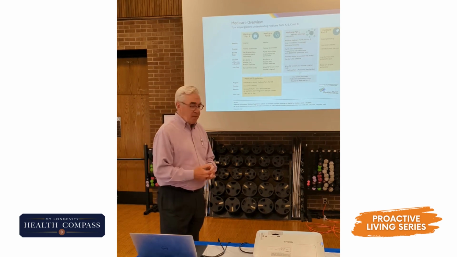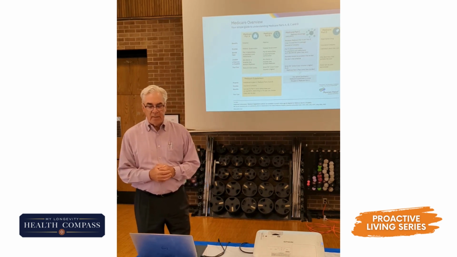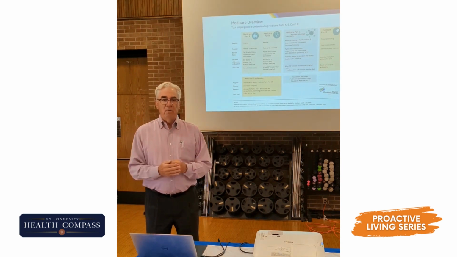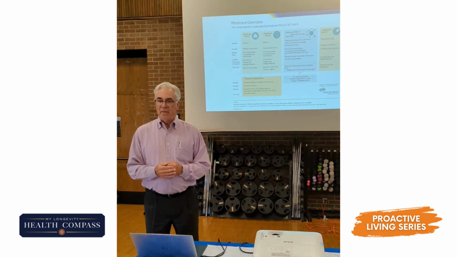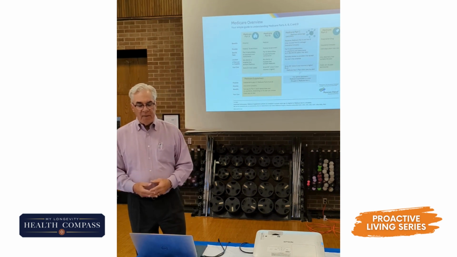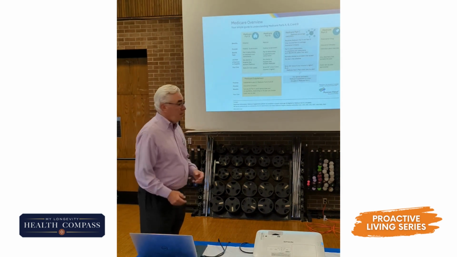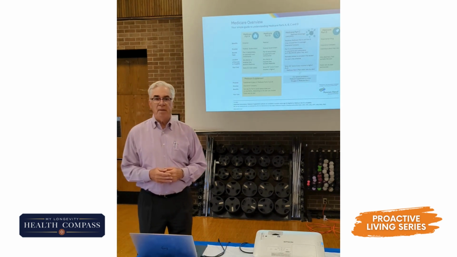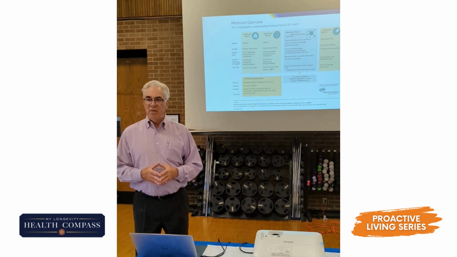This slide provides a good overview of the different paths that people may take with respect to Medicare. First path, on the far left column, you'll see Medicare Parts A and B. Part A is hospitalization.